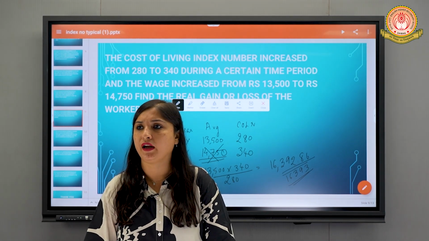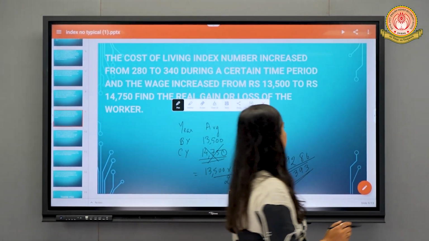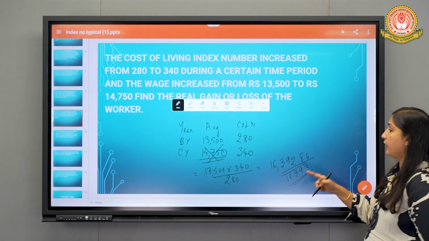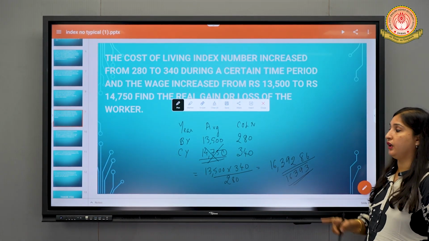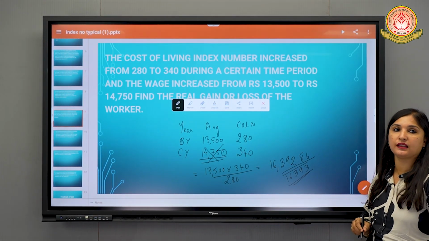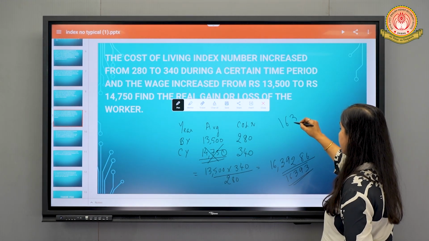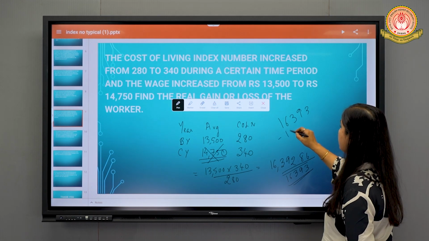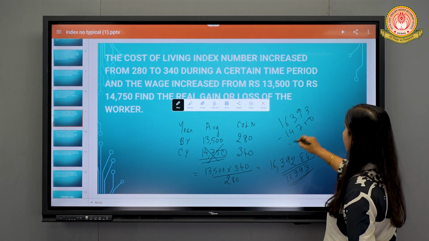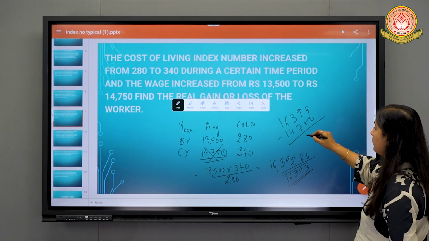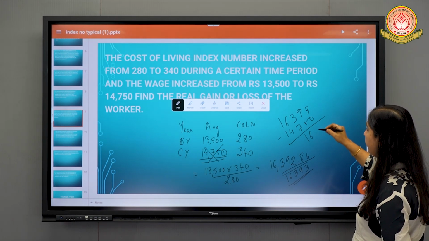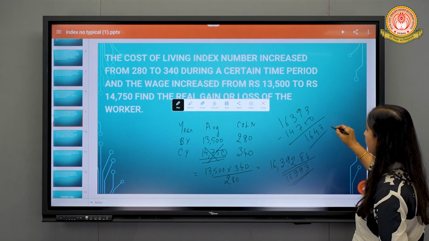Is this sufficient? No, it is not at all sufficient, because he is getting only 14,750. He should actually get 16,393. That means he is getting a loss of how much? 1,643.